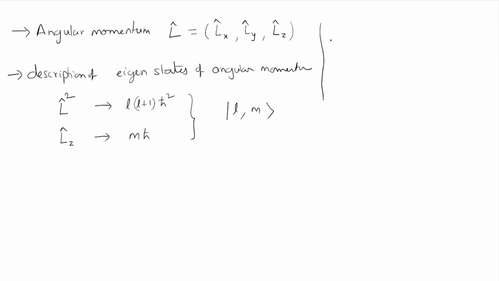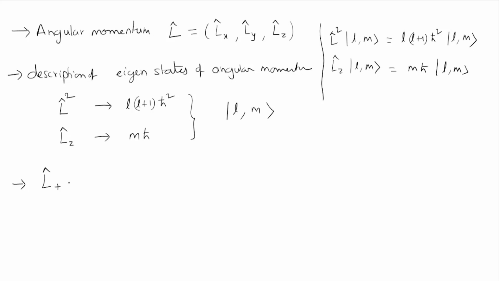Needless to say, L square acting on |l,m> gives you l(l+1) h cross square |l,m>, and Lz has its own meaning: m h cross |l,m>. So don't forget to write h cross. And there are also these operators which often come. L plus is defined as Lx plus or minus i Ly.